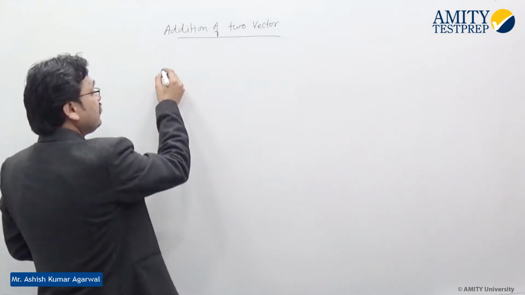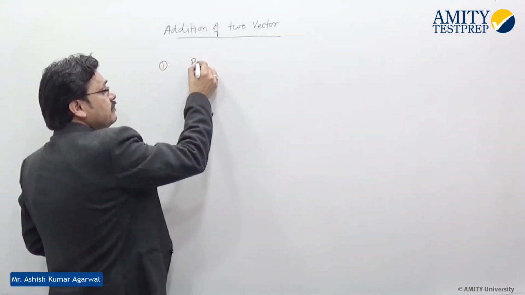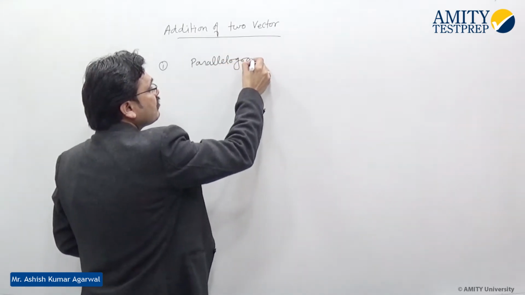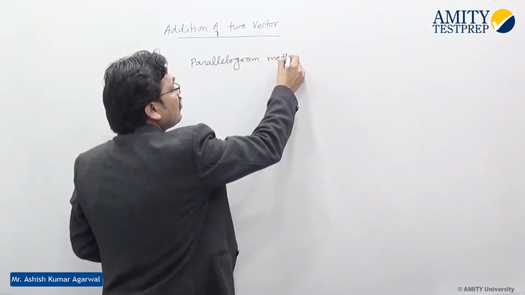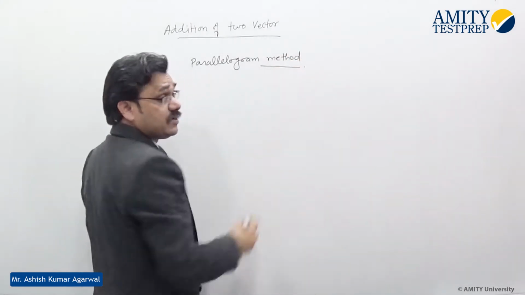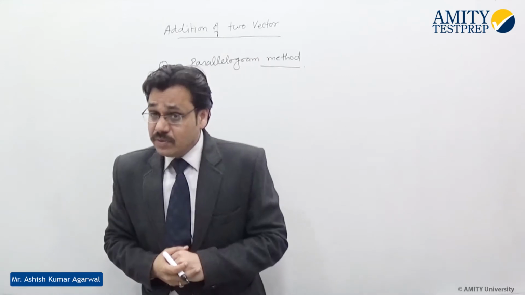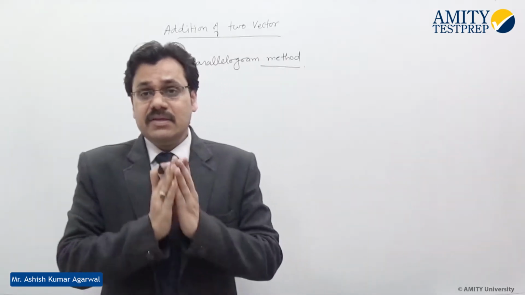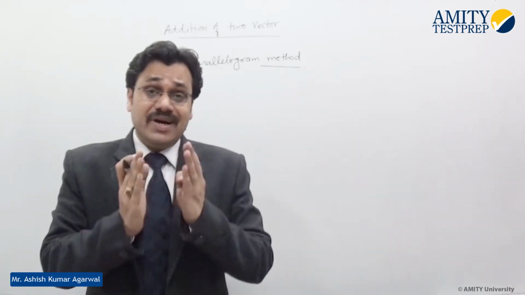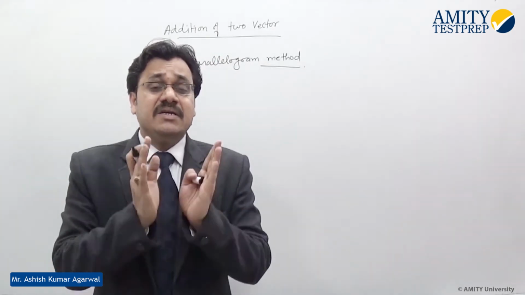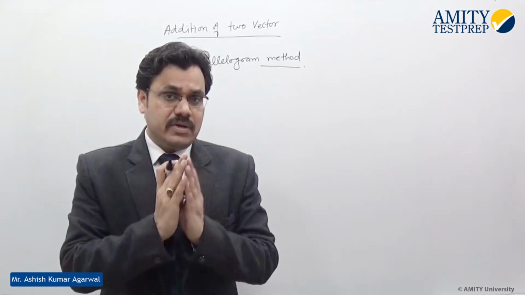Now the important one, the parallelogram method. If you move to the parallelogram method, whatever two vectors are given to you, you have to represent these two vectors with two adjacent sides of the parallelogram.